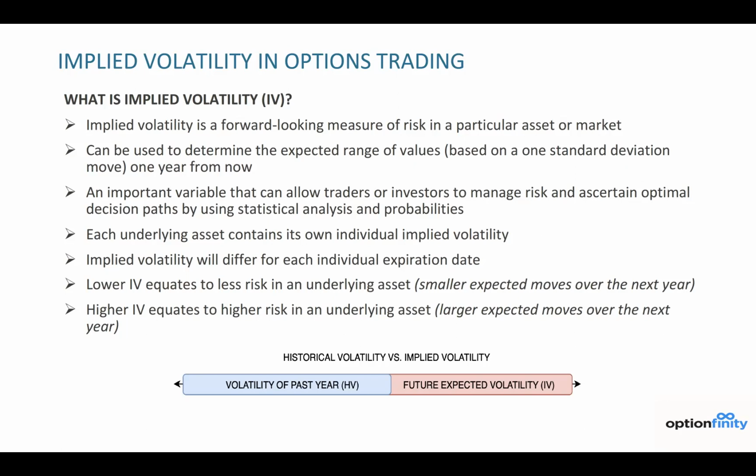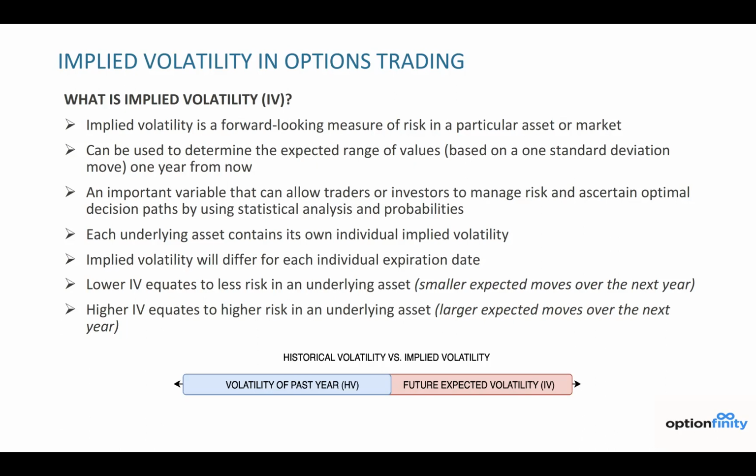However, the expiration date that contains the binary event would have a much higher implied volatility and thus much, much higher option prices. That's where it's important to analyze these small nuances of implied volatility and incorporate them into your trading as well.